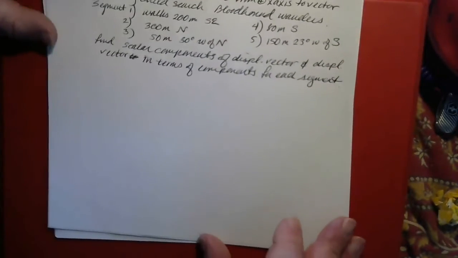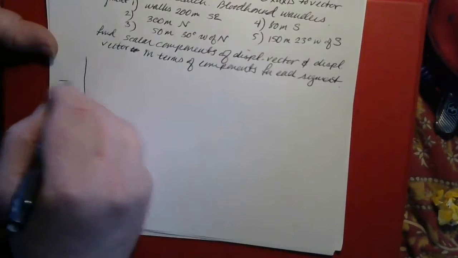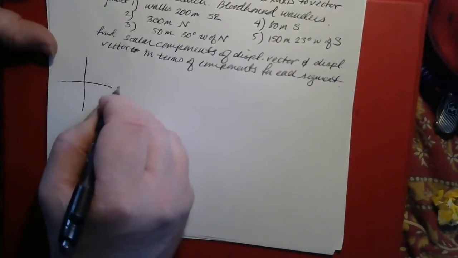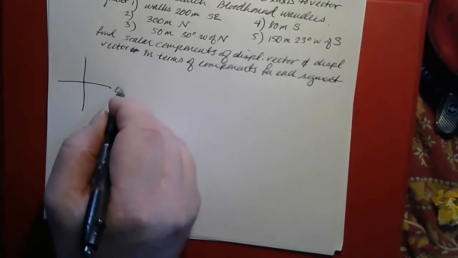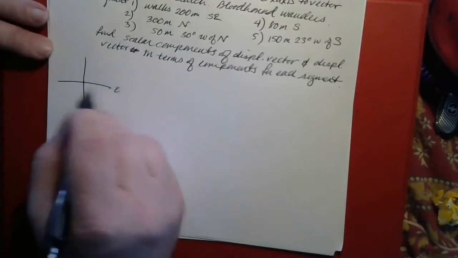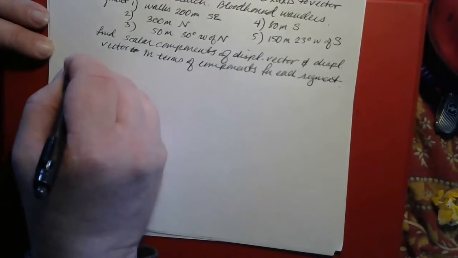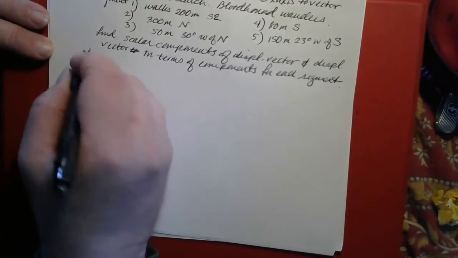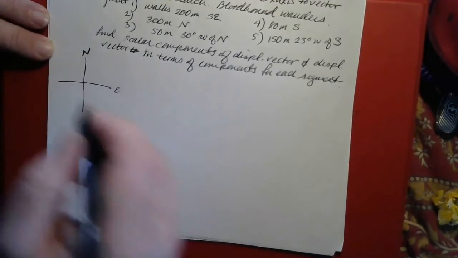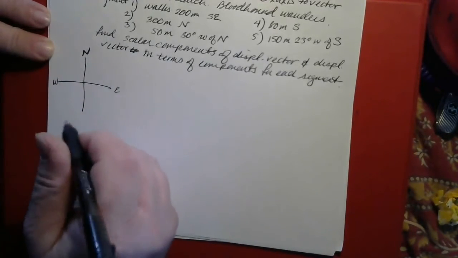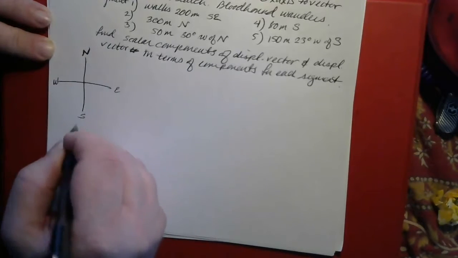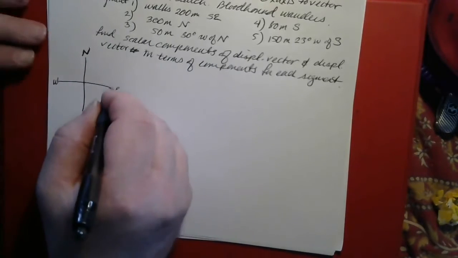Okay, so before we can actually go into this, we have to set out our directions here. As traditional, we're looking at east as being the positive x-axis and north as being the positive y-axis. And that leaves west to be negative x and south to be negative y.